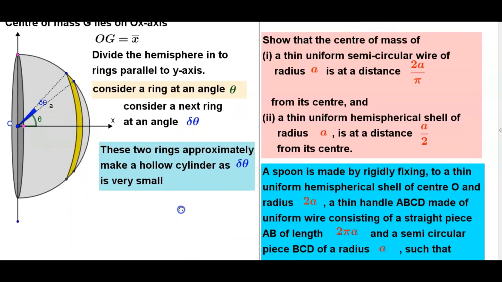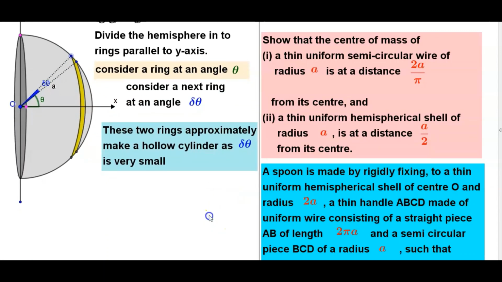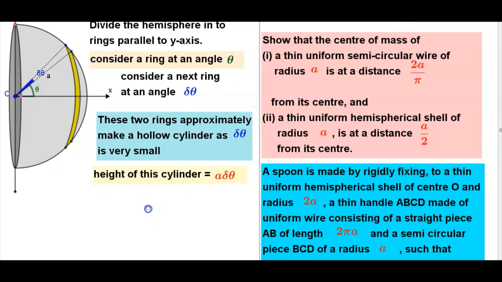So what is the shape of this ring? These two rings approximately make a hollow cylinder, as delta theta is very small. If delta theta is very small, it is possible to consider it as a hollow cylinder.